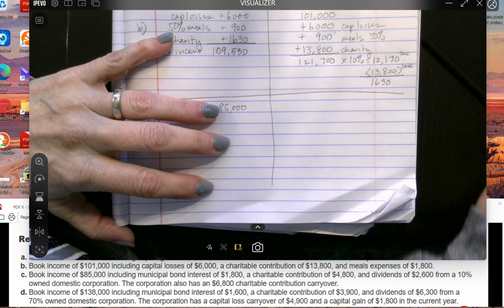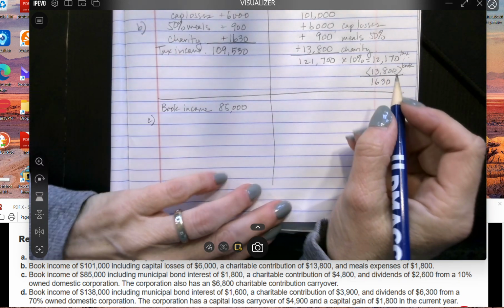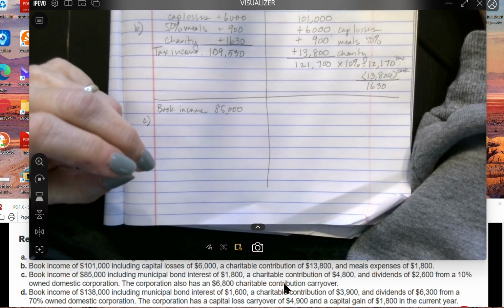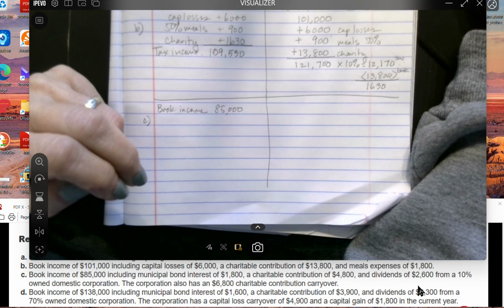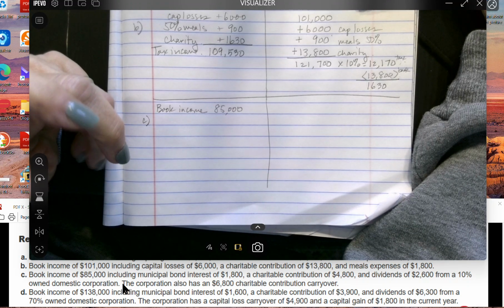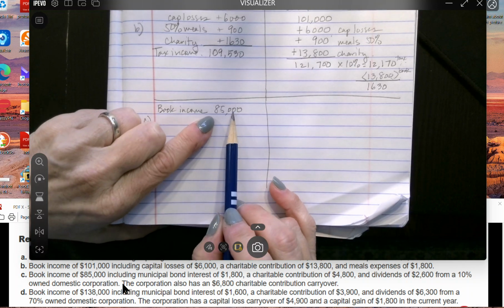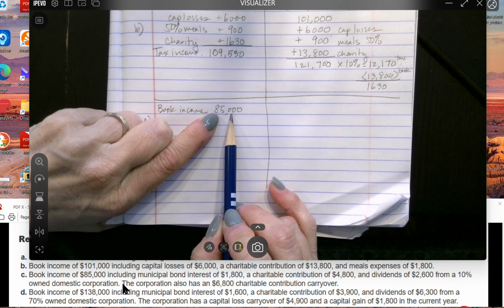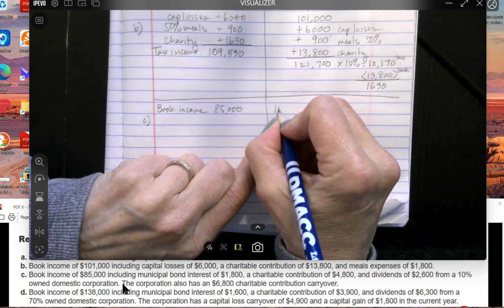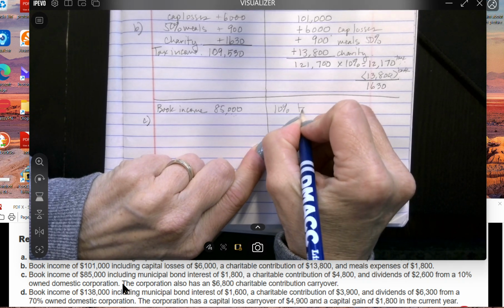charitable contribution. So this is before any dividend received deduction. Now, the thing about the dividend received deduction is that it is not going to show up on the financial statements. So it would not have been included anywhere in this 85,000. So when we're doing our adjustment here, so we're going to do 10% of taxable income.